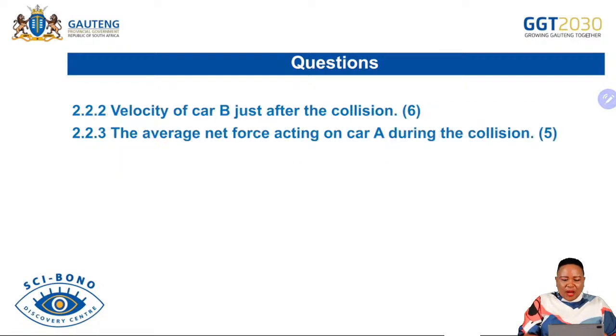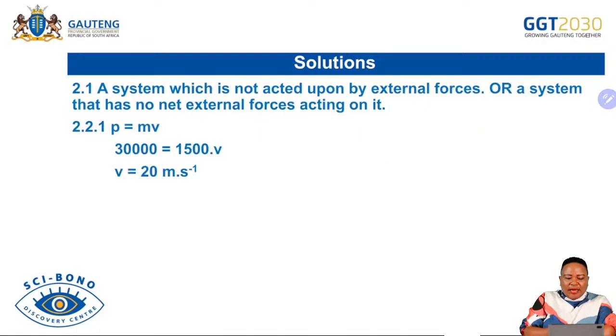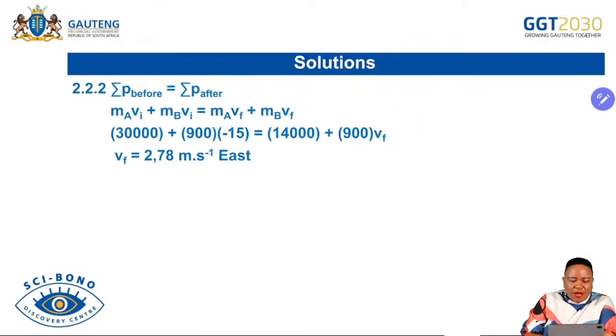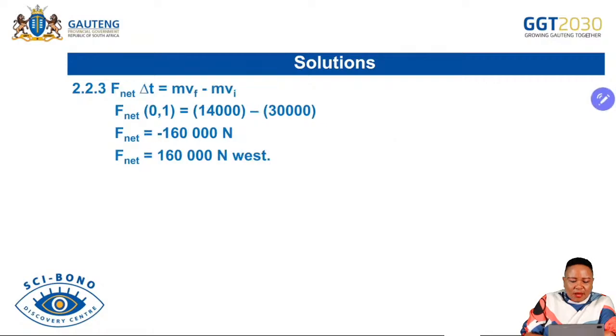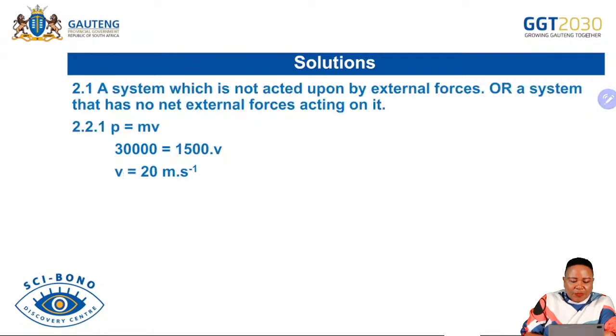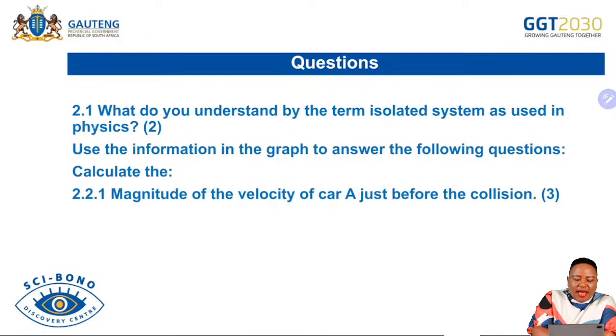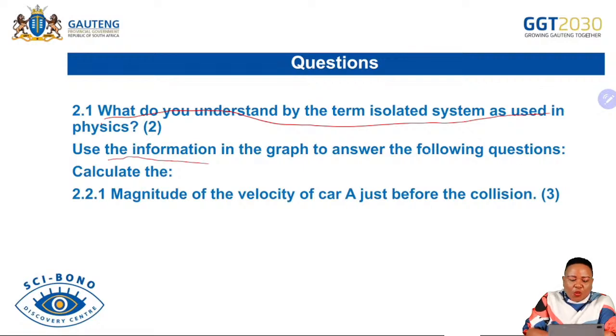I know we are just about to end our session, but let me go back a little and look at this one here. They said, what do you understand by the term isolated system, and use the information in the graph to answer the following questions.